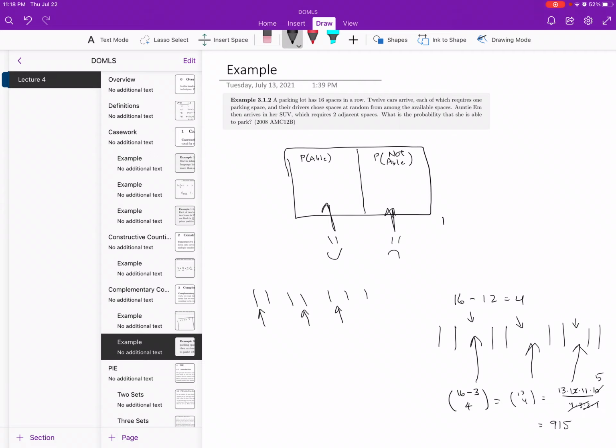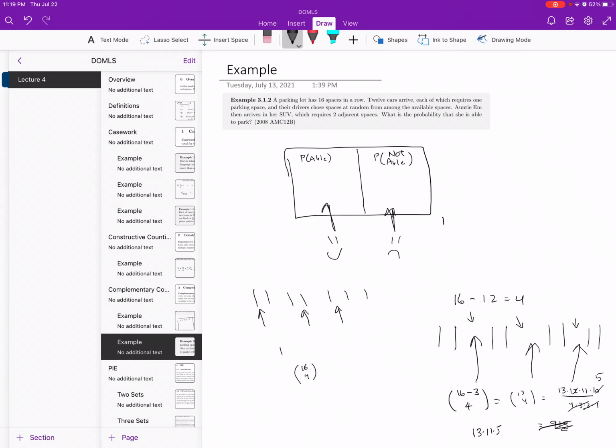And this is out of the total number of ways to park, which is 16 choose 4. Actually, maybe I shouldn't have multiplied those out. I'm not going to multiply those out. Just forget that I ever multiplied them. It's 13 times 11 times 5.